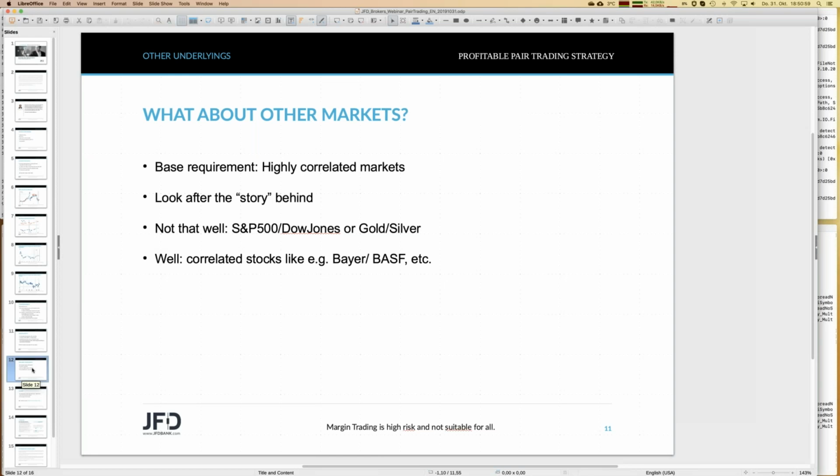But there are other things like correlated stocks. Think about two companies like Bayer and BASF, or you take two car companies. For example, I'm a German, so let's think about German car companies like BMW and Daimler.